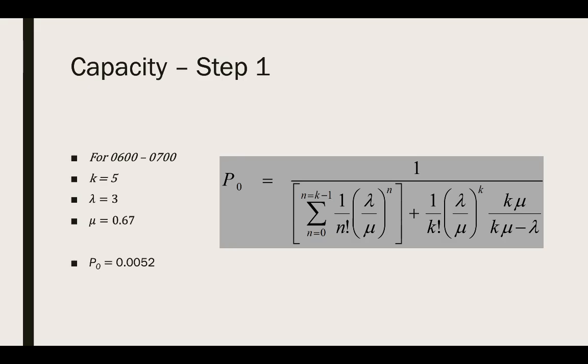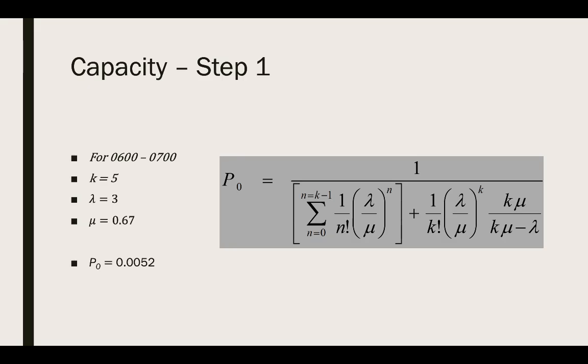So it's a 0.5% chance that all 5 of my ambulances will be available between the hours of 6 a.m. and 7 a.m. Now you might be having a moment here where you're saying, well, wait a minute. The probability of all the ambulances being available between 6 a.m. and 7 a.m. with an average number of calls being 3 is half of 1%, 0.5%.